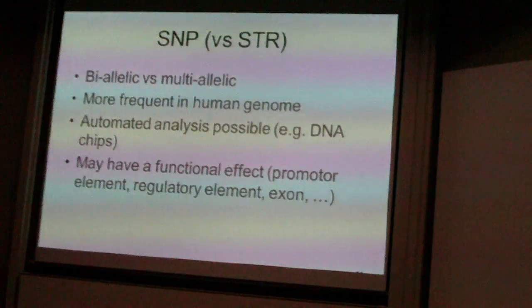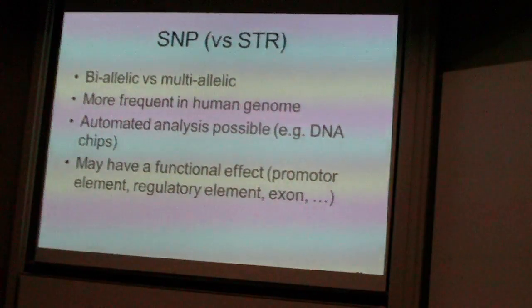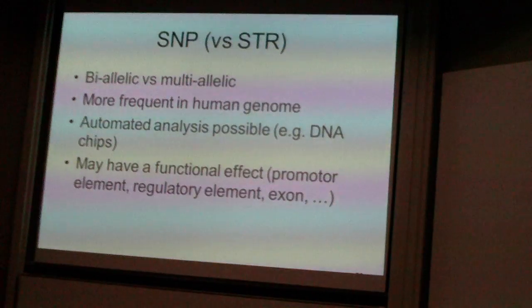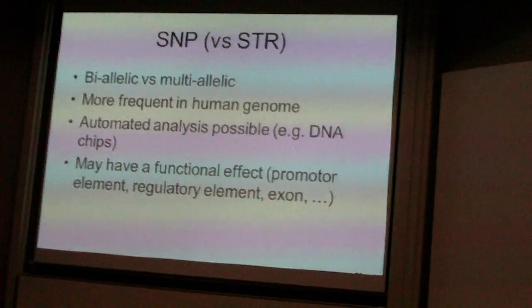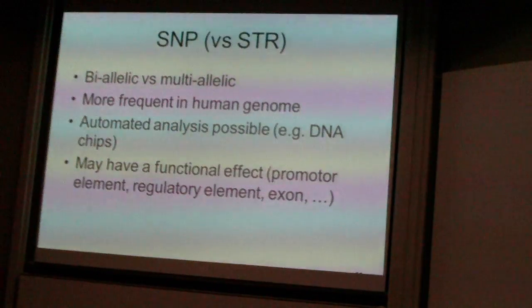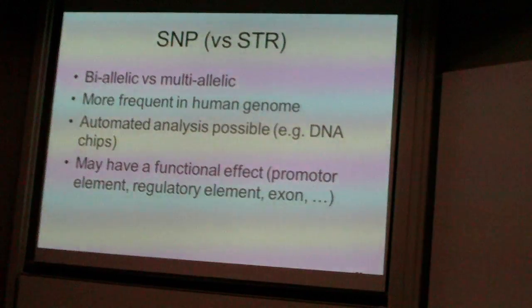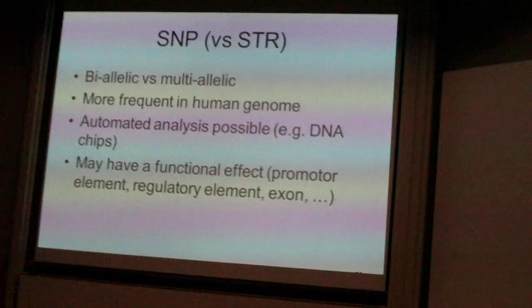So if you have to choose between using SNPs or STRs for your genetic studies, you have to consider that SNPs usually only have 2 alleles, which may not always offer you a lot of information, because there's always a chance that people, of course, have the same allele if there's only 2 combinations possible, while with the STRs you have many different alleles.